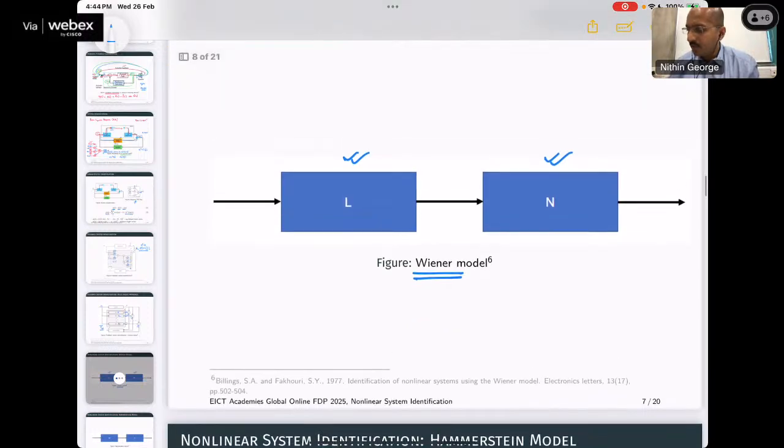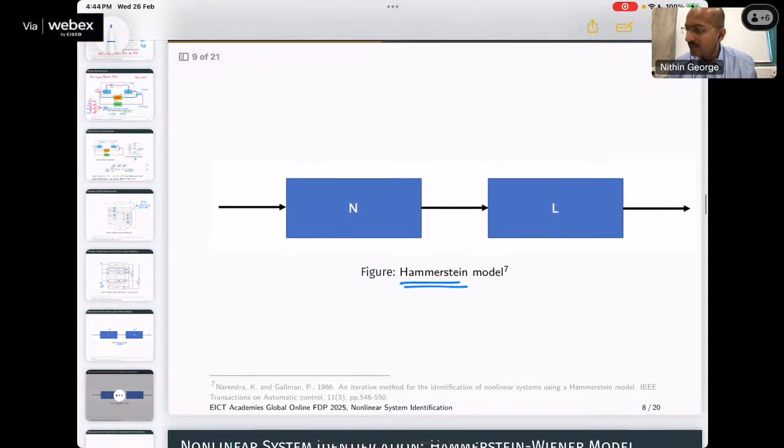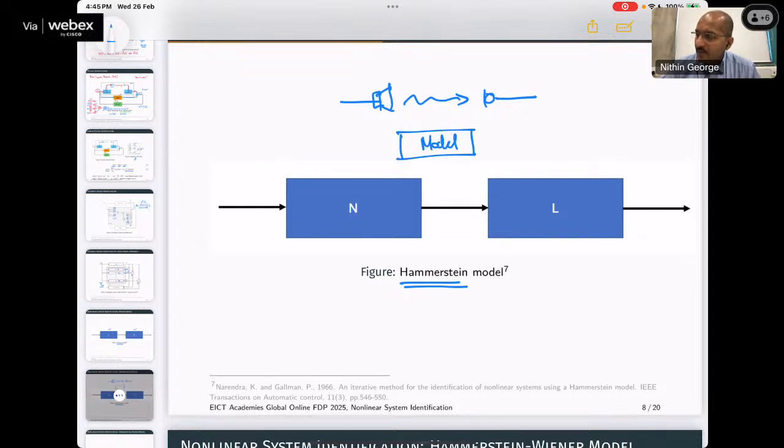Or I could use a Hammerstein model, which means I have a nonlinearity followed by a linearity. For example, suppose I have a system which is a loudspeaker followed by this, and now I am trying to create a model. This is how we did it earlier.